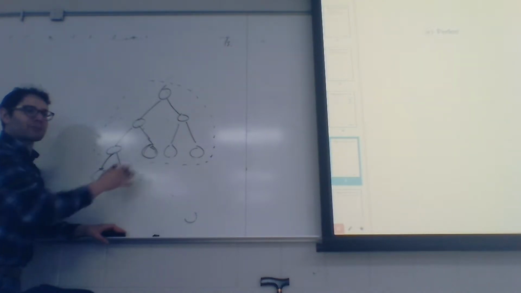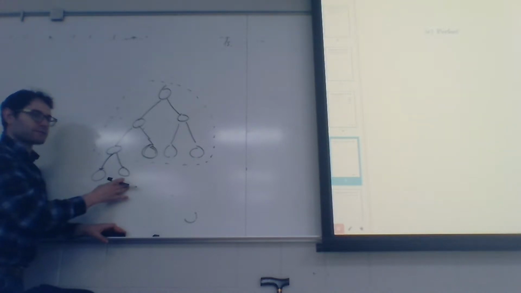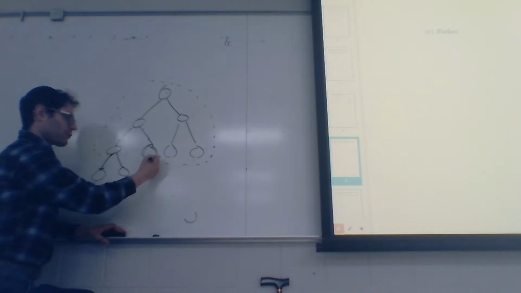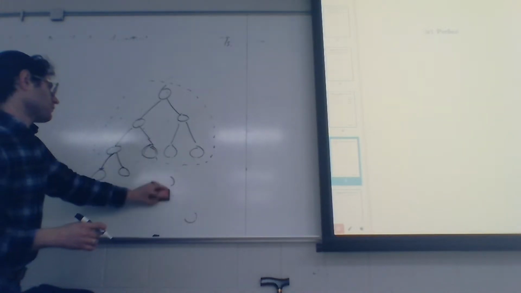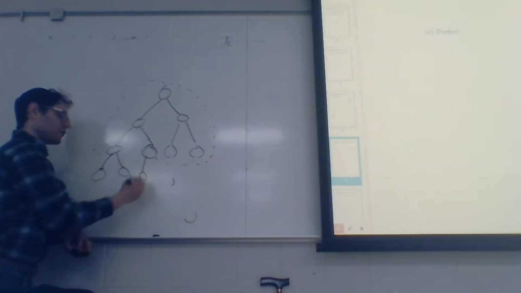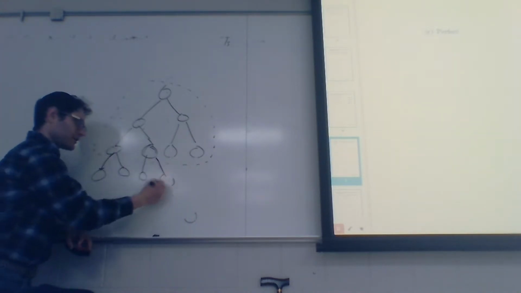and there's no gaps. So, for example, this is a complete tree. If I were to draw a node over here, this is no longer complete because it is no longer filled in left to right. There's a gap there, right? See how there's a gap there? If I drew, on the other hand, a node here, that's complete. It's still complete.